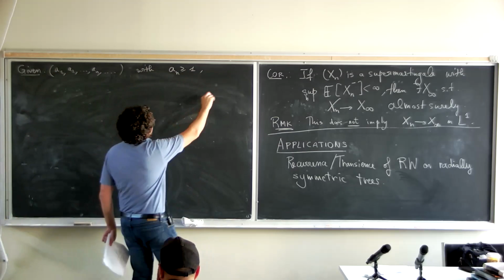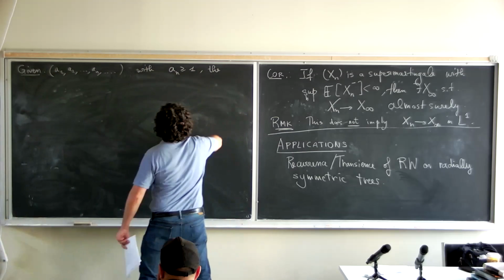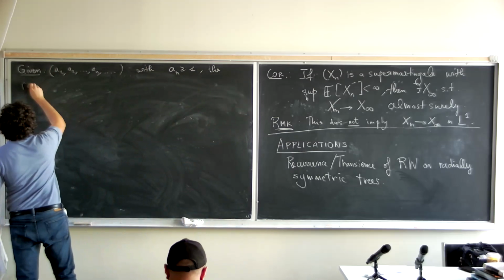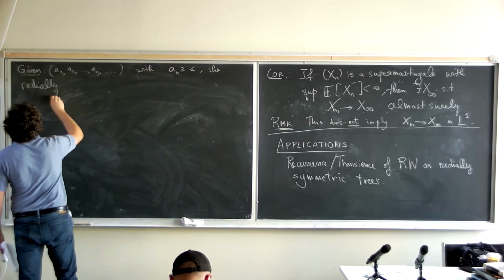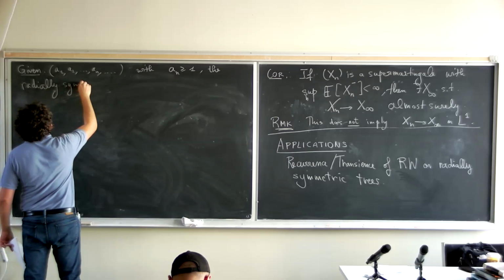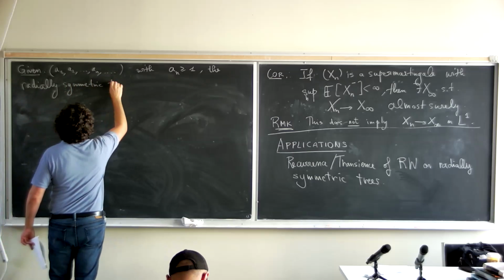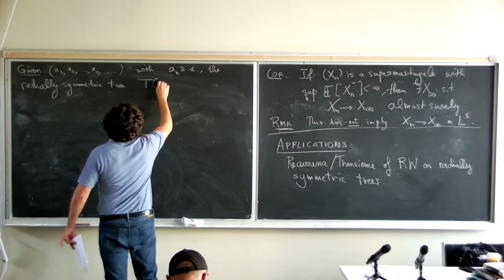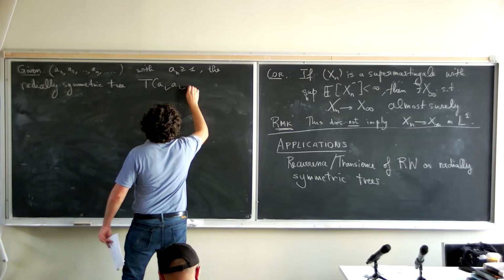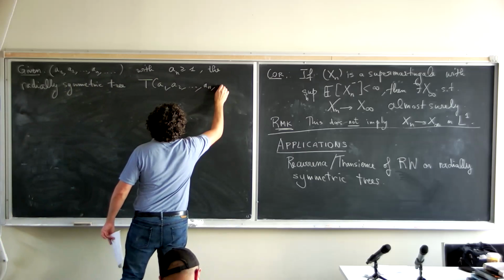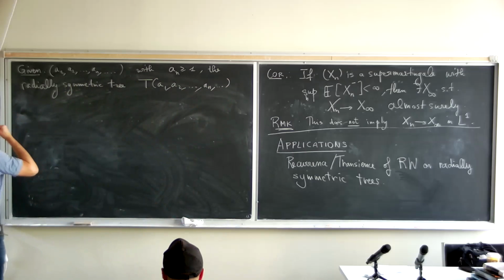Okay, so the radially symmetric tree, T of a1, a2, an.